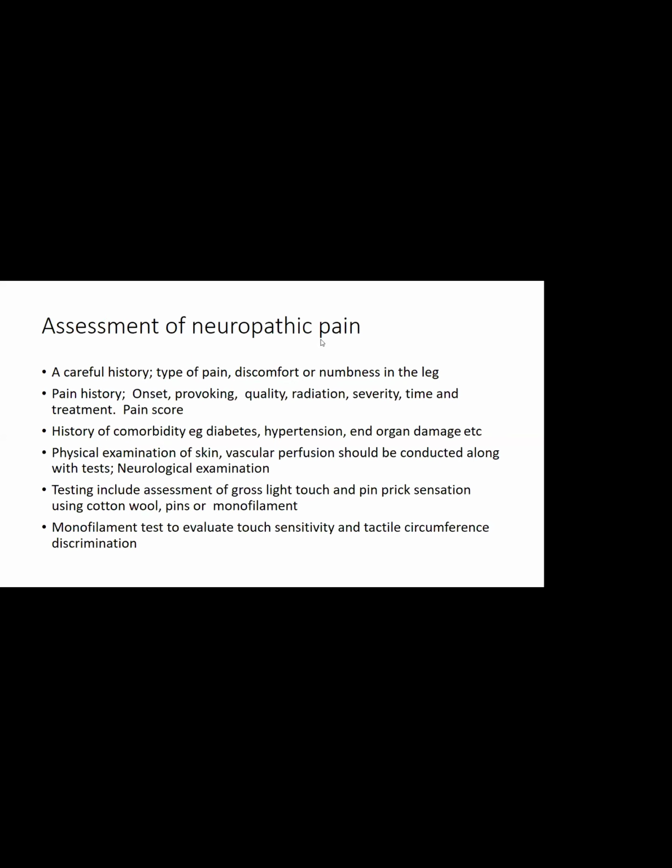How do we assess patients for neuropathic pain? History is very important. The type of pain, the patient presenting with pain, discomfort, numbness in the leg. We also take history to know the onset, provoking factors, quality, radiation, severity, time, and the treatment, that is the drugs the patient has been on before coming to us.